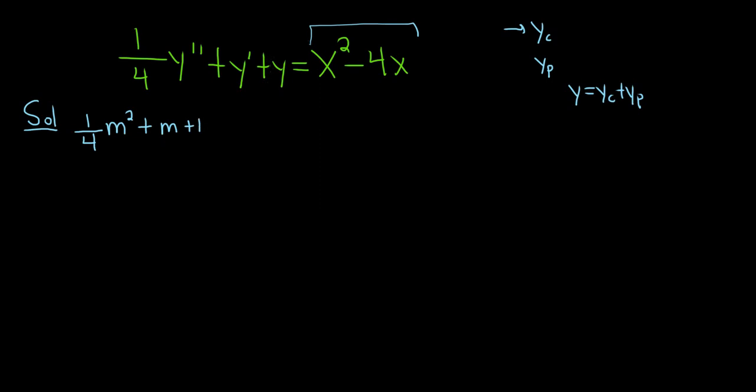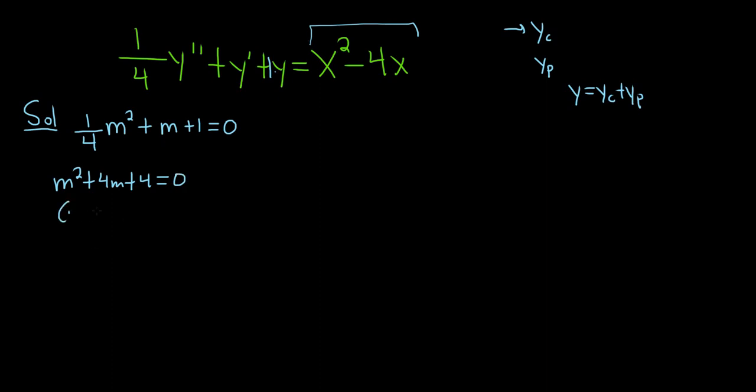Whenever you have a y, whatever coefficient you see here goes there. And then you always set this equal to 0. If this is too difficult to factor in your head, you can easily multiply everything by 4, so that it becomes m squared plus 4m plus 4, and that's equal to 0.